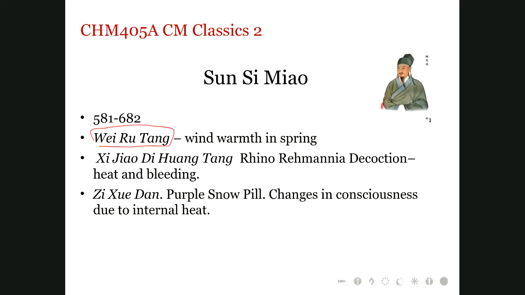And Xijiao Dihuang Decoction, because the specific major ingredient has been banned, we use buffalo horn to replace it, but it can still be useful to manage abnormal bleeding caused by external wind toxic heat, from Wenbing illness, as well as Zixue Dan. This is a very good specific pill used to deal with people suffering unconsciousness due to internal heat.